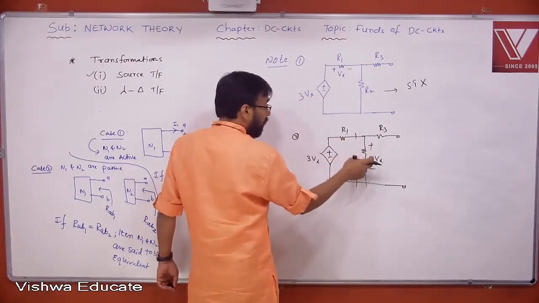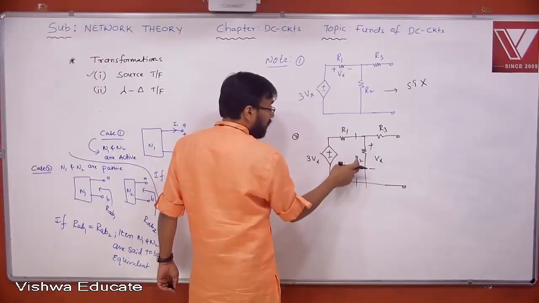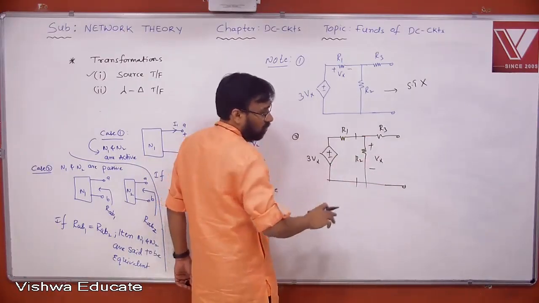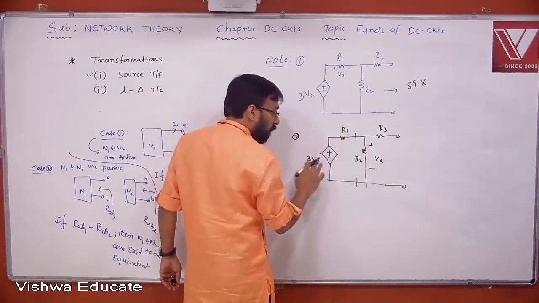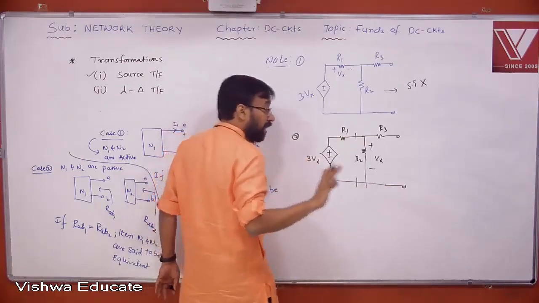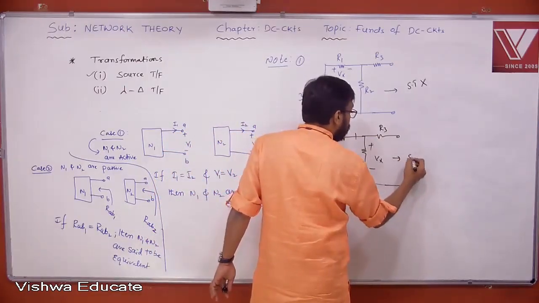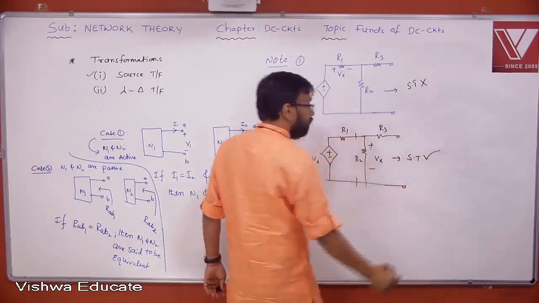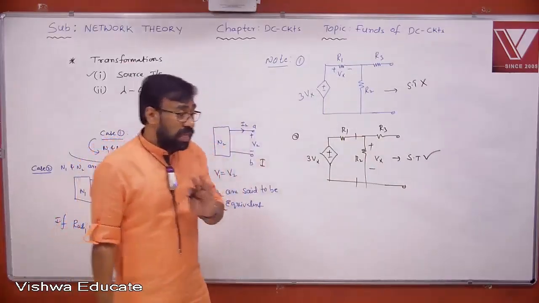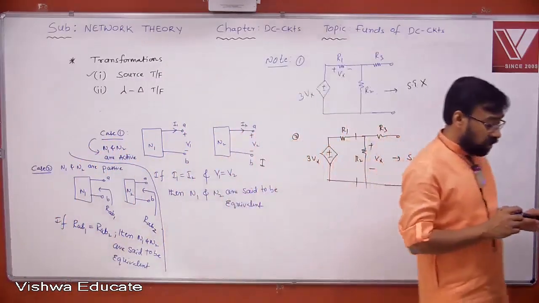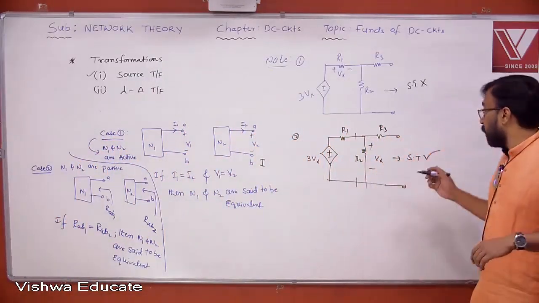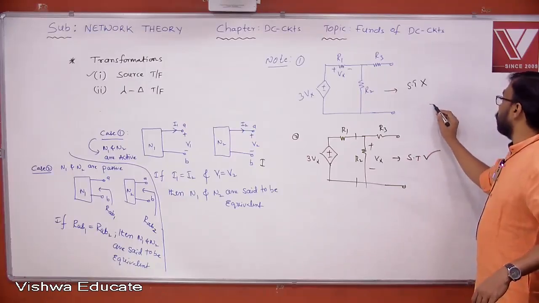Now this variable is related to a resistor which is not involved in the transformation. There is absolutely no problem. This transformation can be done without any hesitation. So therefore, source transformation is possible. Understand all of you? When you apply source transformation to a dependent source, you must take care of this particular point. Therefore, please write down here.